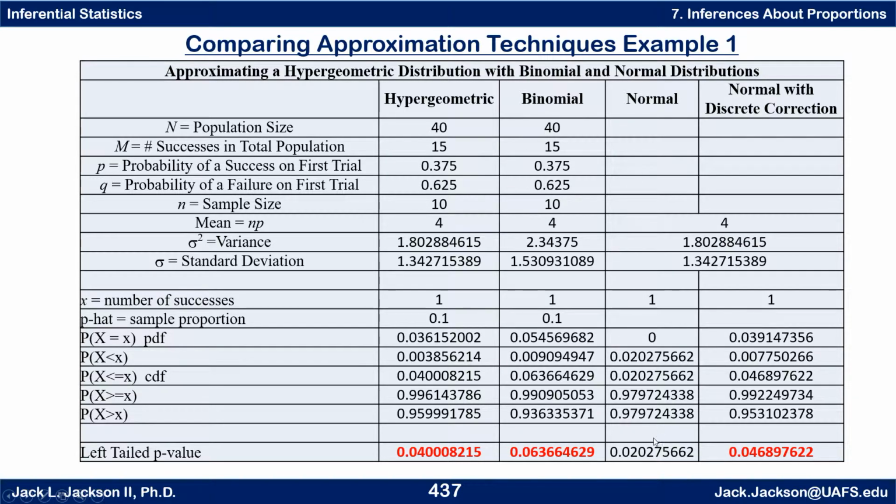If we did a normal without the discrete correction, that is, we only did the probability that x is less than or equal to 1, we would only get a p-value of 0.02.